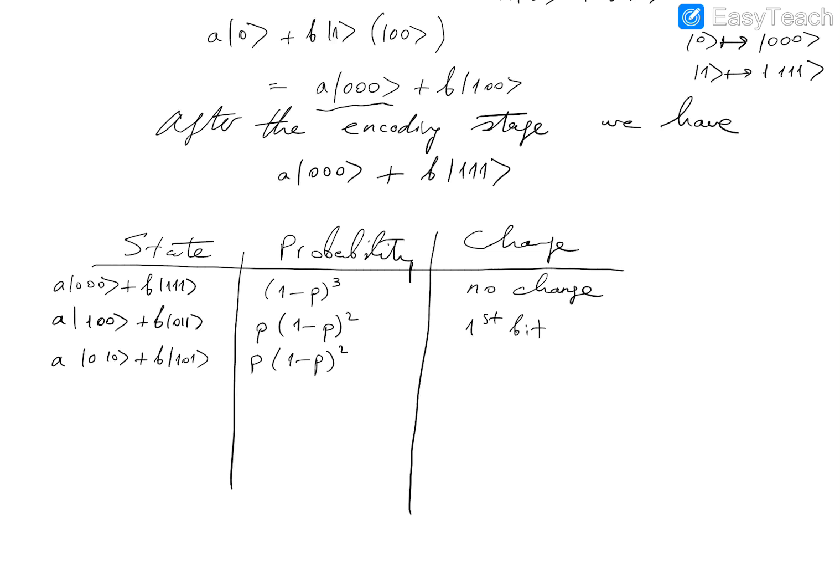This occurs with probability the same as earlier, p(1-p)^2, so only the second qubit is changed here, second bit. If Bob receives a|001> + b|110>, that means only the third qubit is changed.